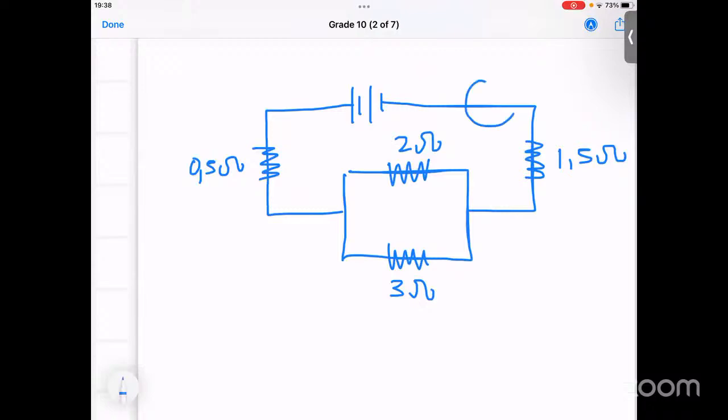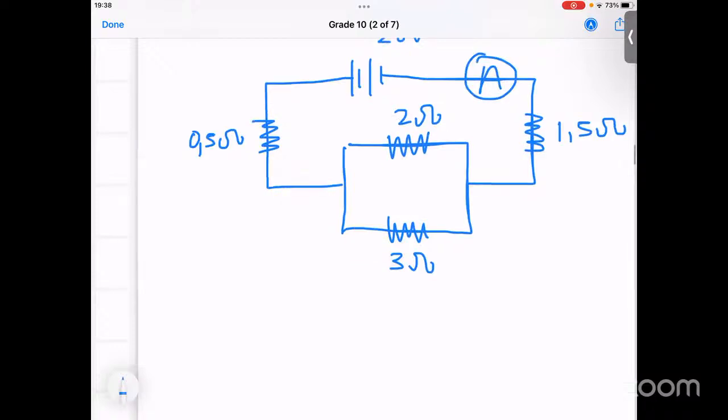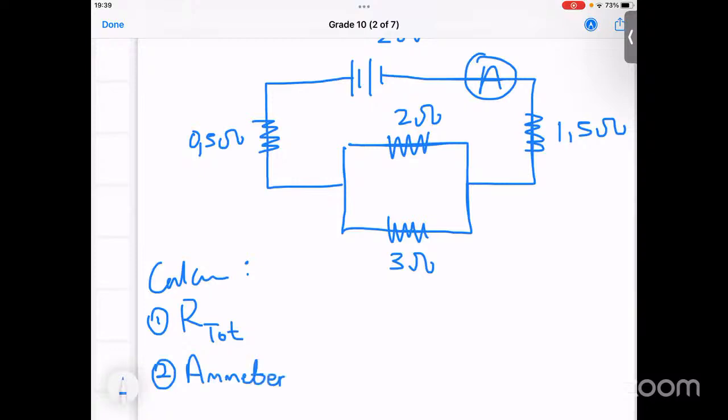Okay, I will say that is the ammeter, and then again, let's say 20 volts there. And then I will say calculate the following. Number 1, R tot. Number 2, the ammeter reading, or the reading on the ammeter.